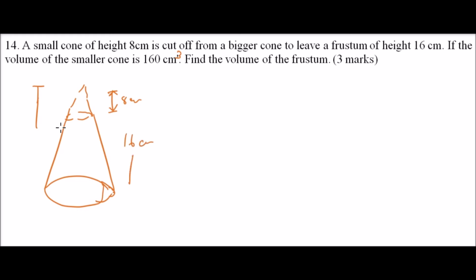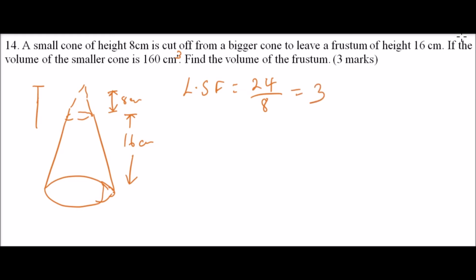That is the height of the frustum, and therefore the height of the whole cone is 24. So we can say a linear scale factor is equal to the height of the whole cone, that is 24, divided by the height of the cone that was removed, and that will give you 3.